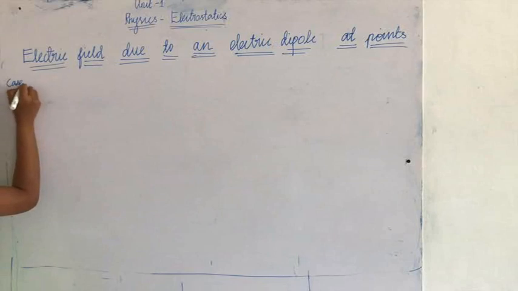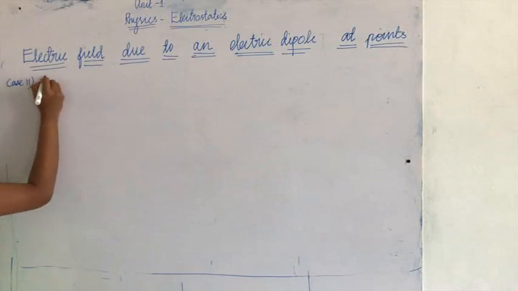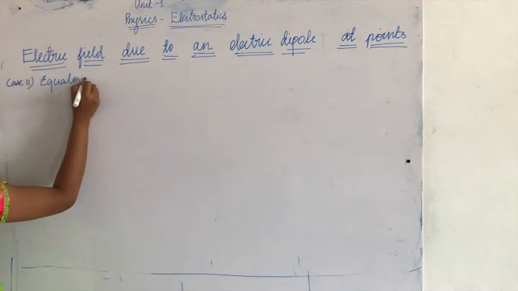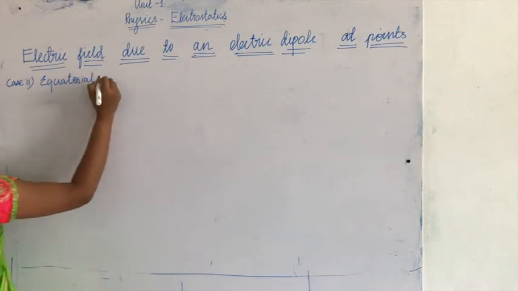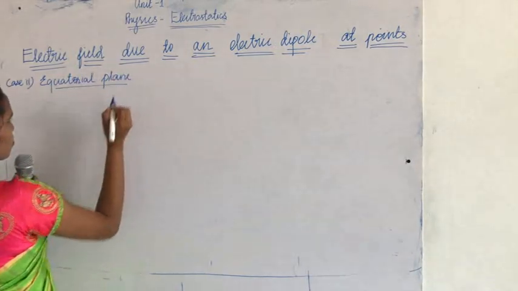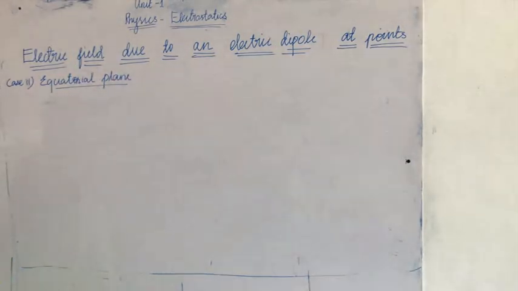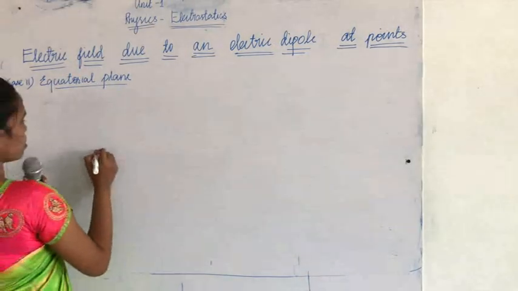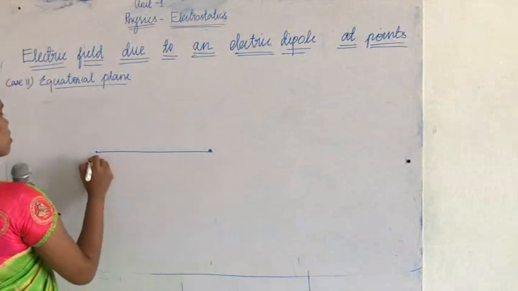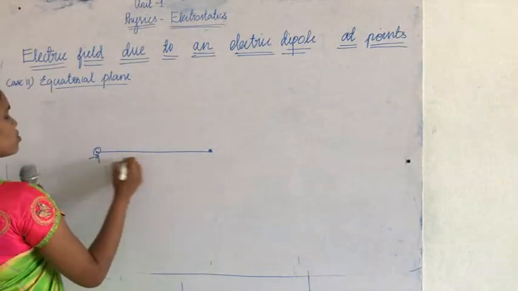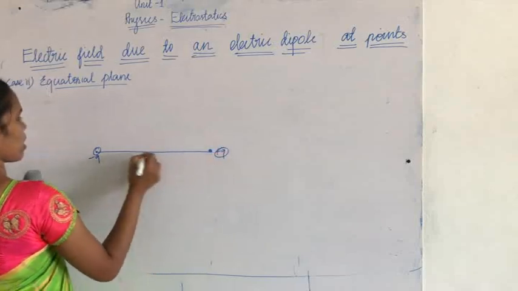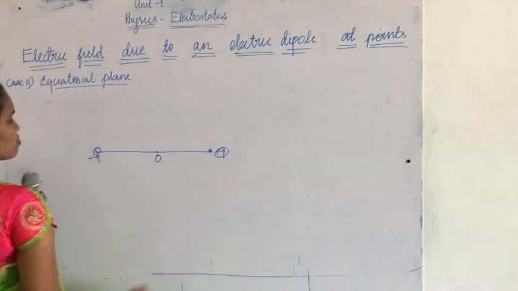Now, case 2, equatorial plane. Let us take 2 point charges, minus Q and plus Q, and the center one as origin.